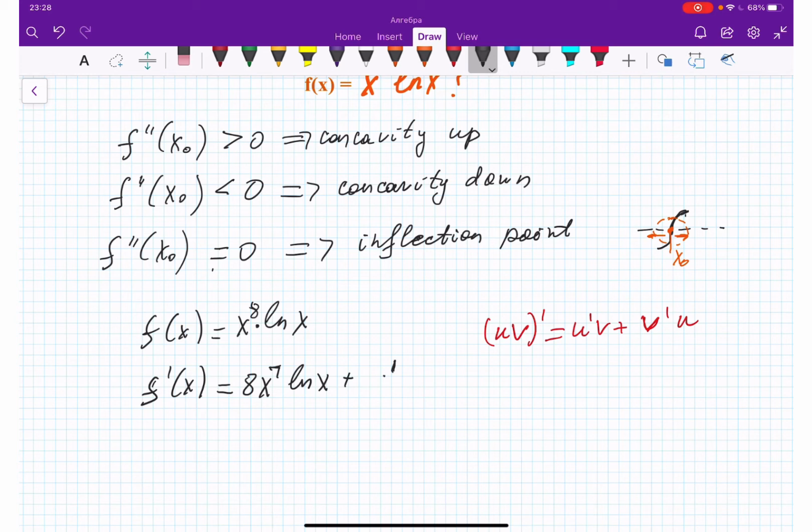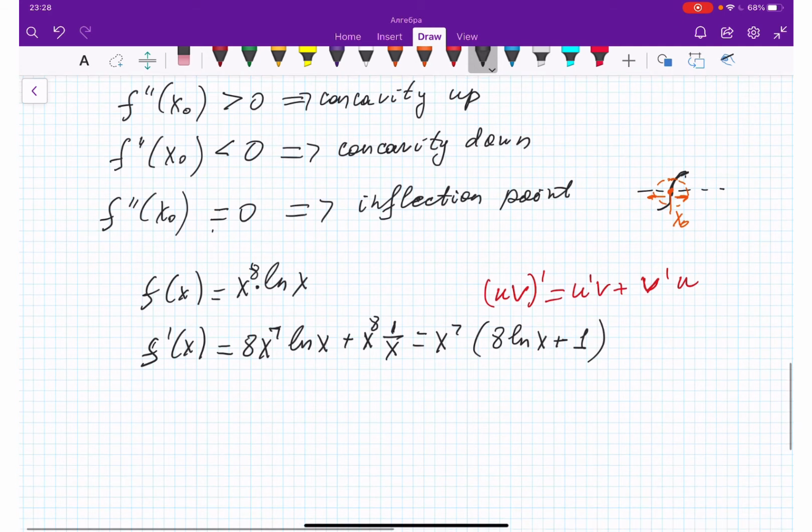The derivative of natural logarithm x is 1 over x, and we multiply by x to the power 8. From here I can take x to the power 7 out as a common factor, and I will have 8 natural log x plus 1 here.